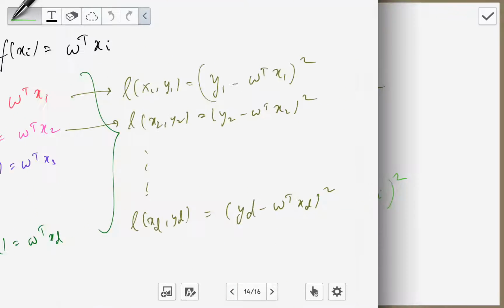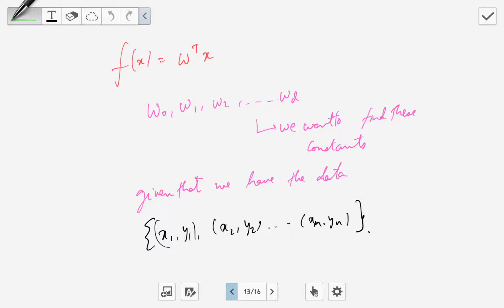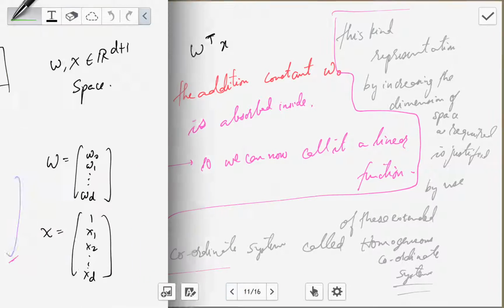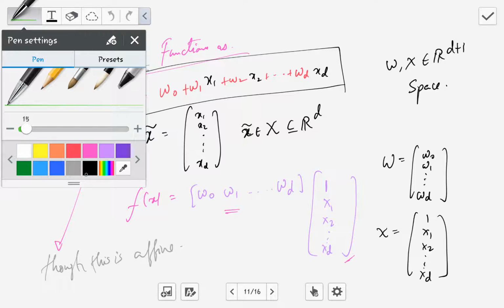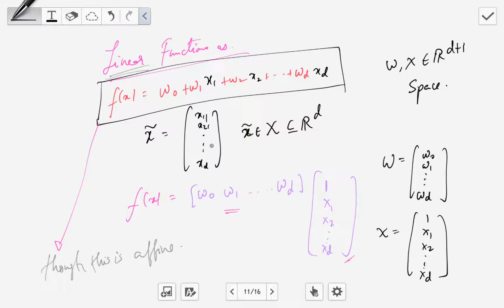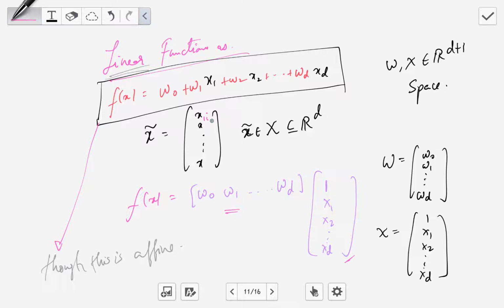There is a small inconsistency in notation. These coordinates x1, x2 and all, these are not x1, x2. Let us make a small change. These are, say, x11, x12, xd1, and x1 would be the entire vector. So let us make it x1i, x2i, so on up to xdi.